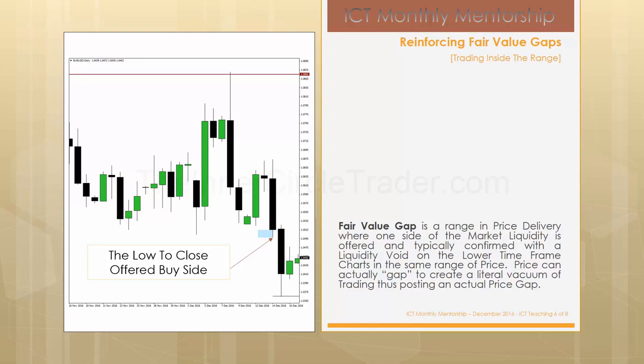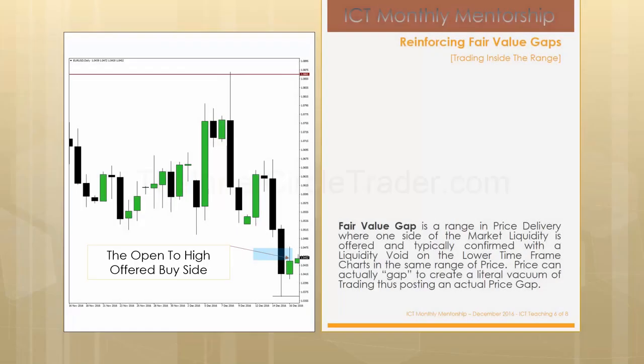But let's now look at the other candle that frames our fair value gap. The next area at which we see buy side liquidity offered is from this green candle, or up close candle, to the right of our down candle that makes the fair value gap. The open to the high on this candle has offered buy side liquidity as well.